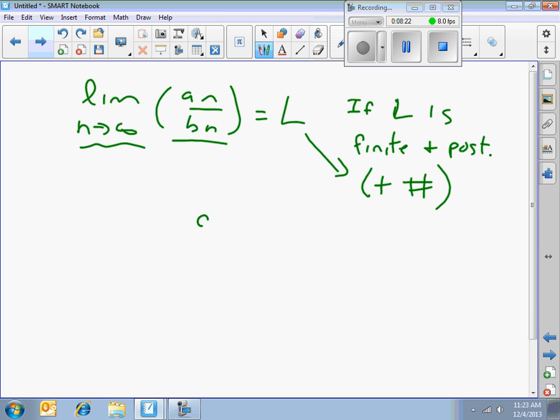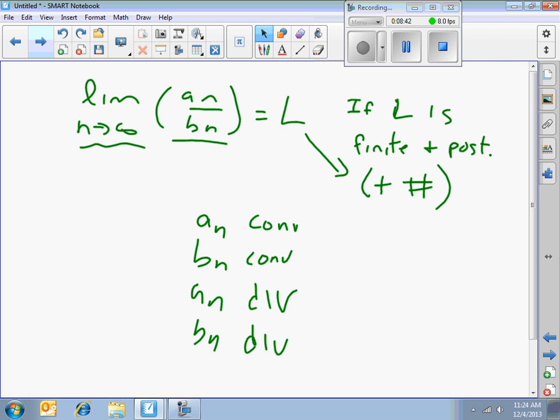In other words, if a sub n was convergent, then b sub n is also convergent. Or if a sub n is divergent, then b sub n is also divergent.